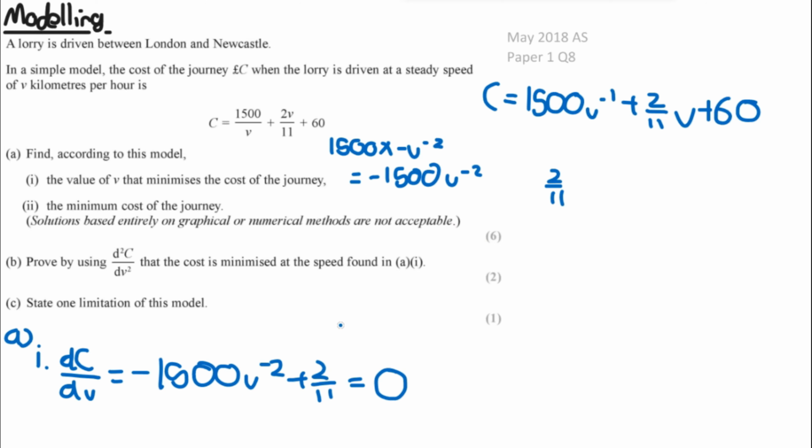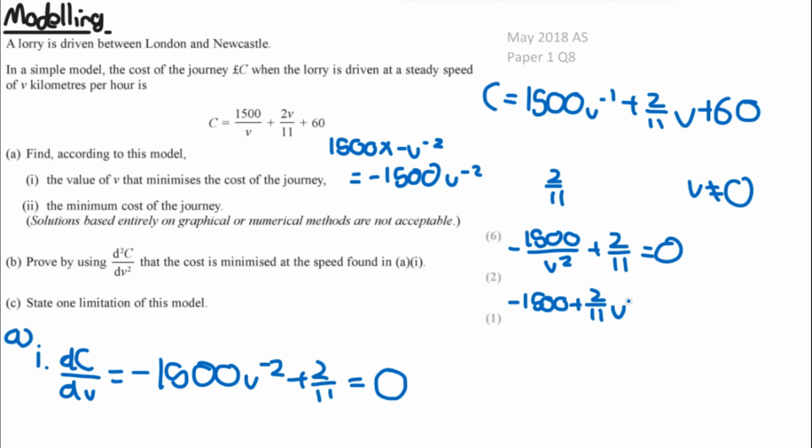So first of all, let's write it in its fraction form. So it's going to be minus 1500 over v squared plus 2 over 11 is equal to 0. Again, as v is on the bottom, we know that v cannot be equal to 0, so therefore we can multiply everything by v squared to give minus 1500 plus 2 over 11 v squared is equal to 0.